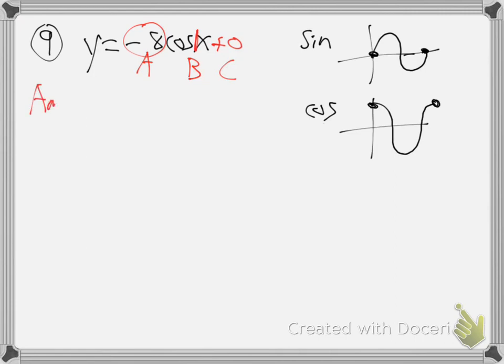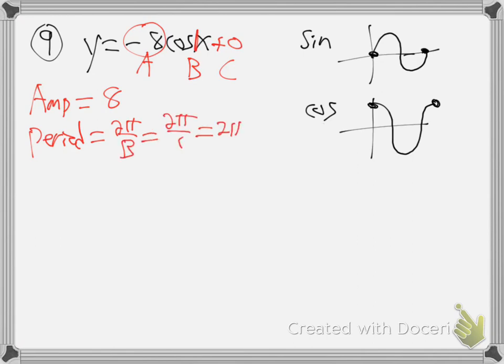All right, so what's the amplitude? Just 8. We don't say the negative, right? And the period is 2 pi over b. So 2 pi over 1 is just going to be 2 pi. The b is just the 1 there.